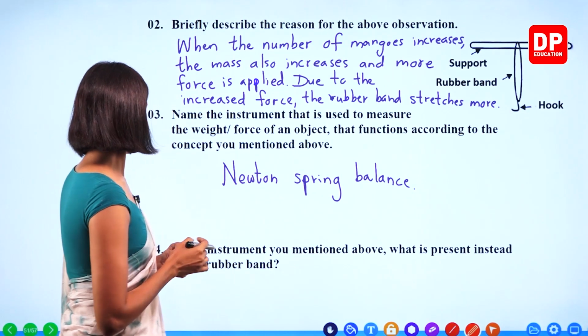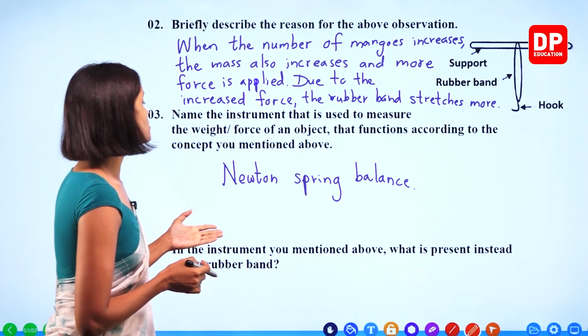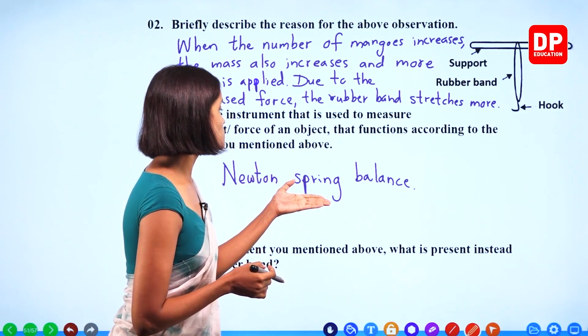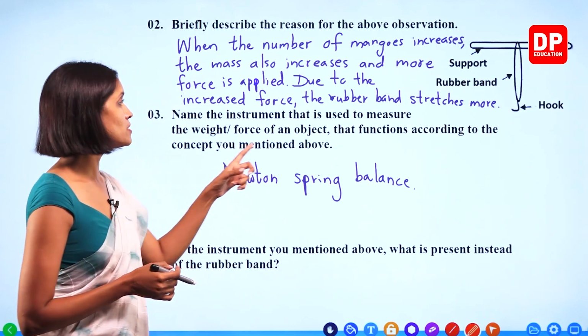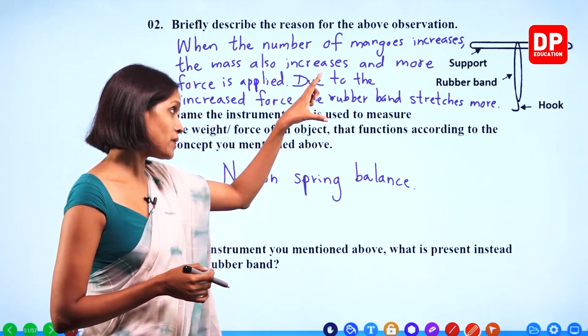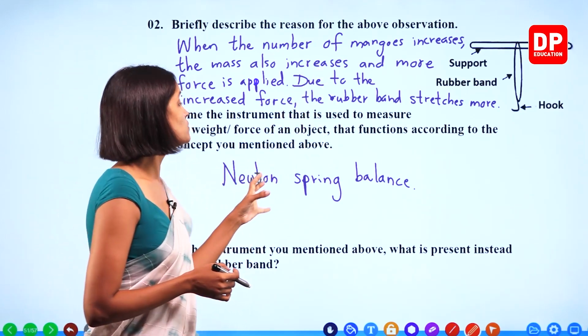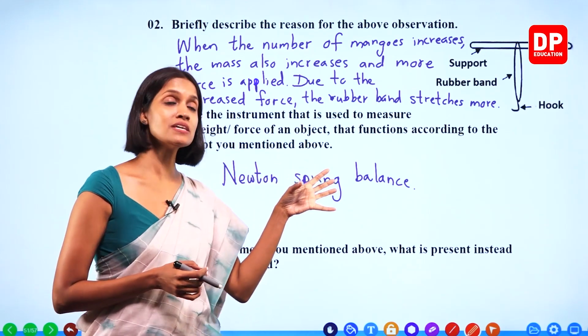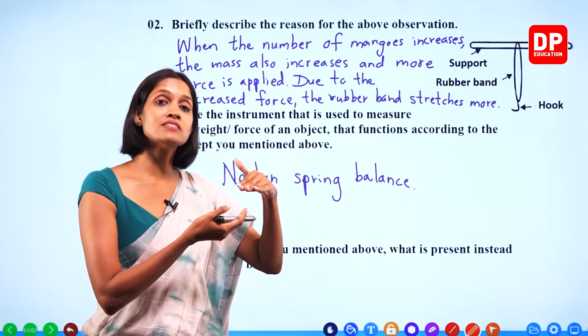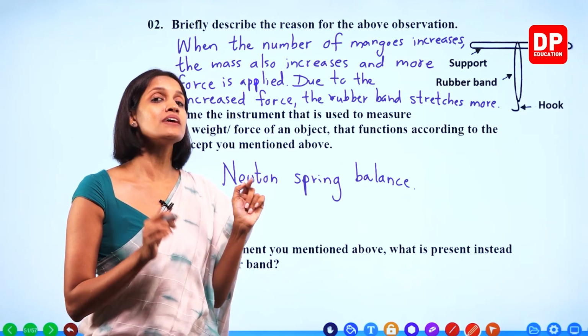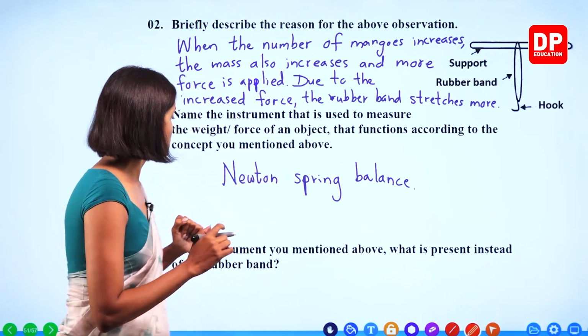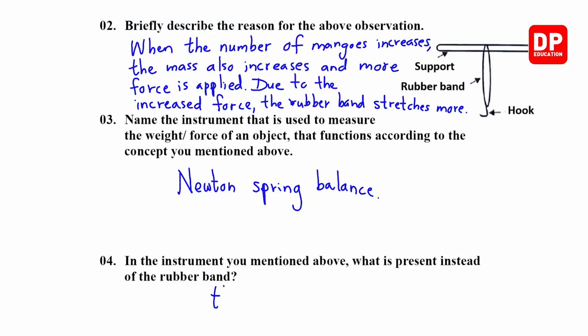Next one. In the instrument you mentioned above, what is present instead of the rubber band? The rubber band is the stretchy part. So when you consider the Newton spring balance, instead of the rubber band, what is the stretchy part present, children? The metal spring. Okay?